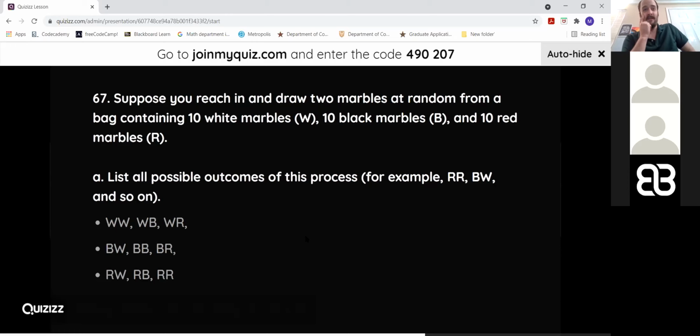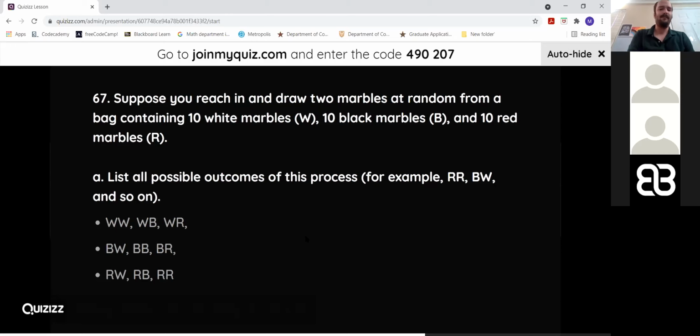And this is something called permutations versus combinations. I forget which is which, if I'm being honest. I would have to look it up. I believe permutations is where order matters, and the other one is where order doesn't matter.